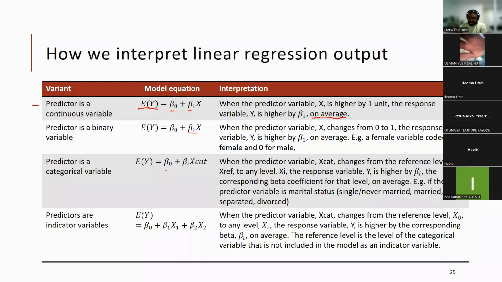Yes, the beta 0 will be the working hours for the normal weight. What will be the beta estimate for the obese group?